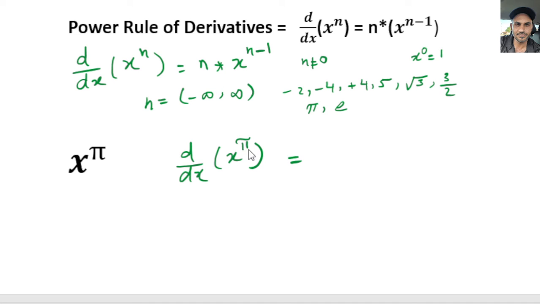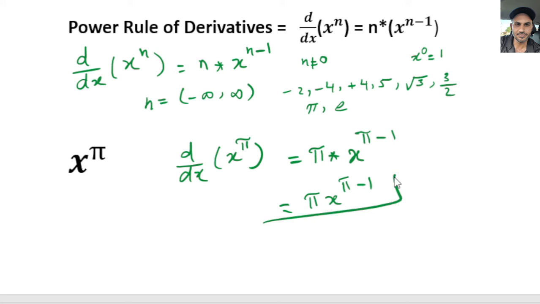Now the exponent is pi, so we bring pi to the front, then we multiply it with our x term. And then we have exponent pi, and we're going to subtract 1 from it. So our final answer is going to be pi x to the pi minus 1. So this would be our derivative for this expression right here.